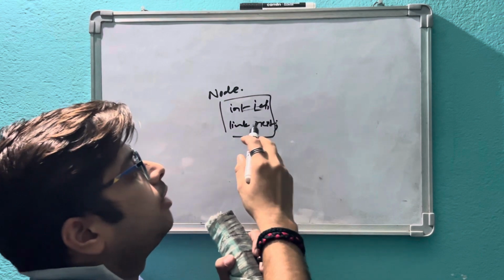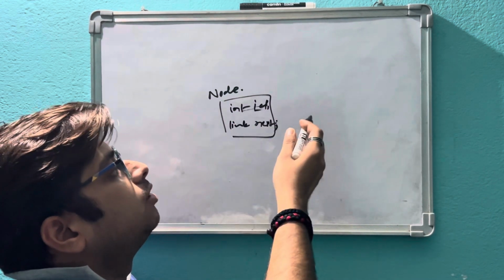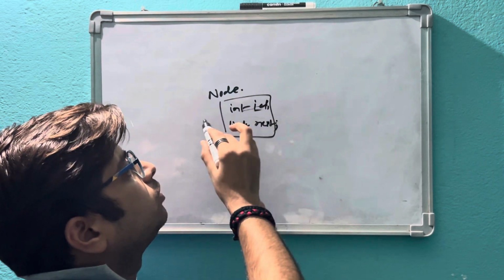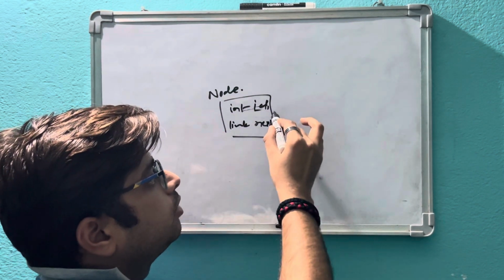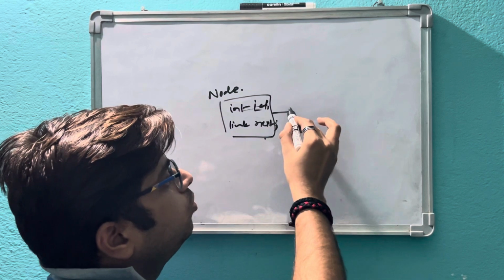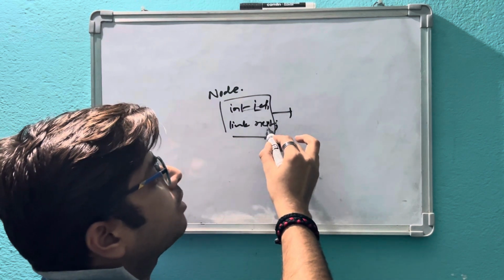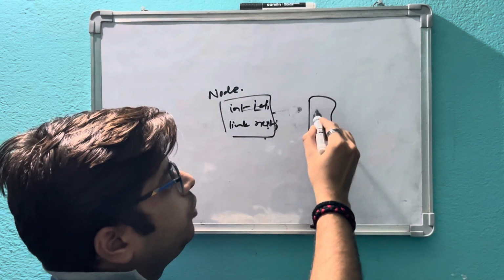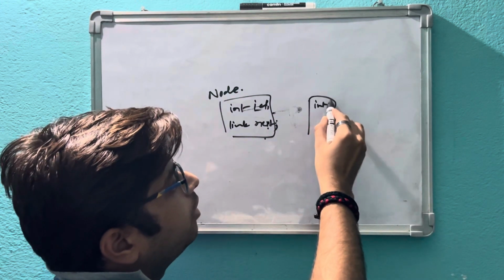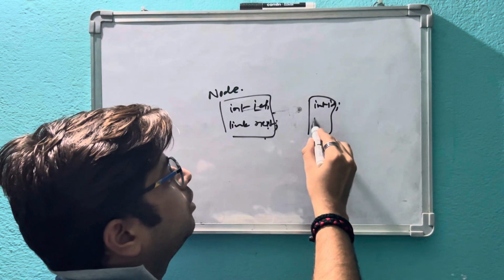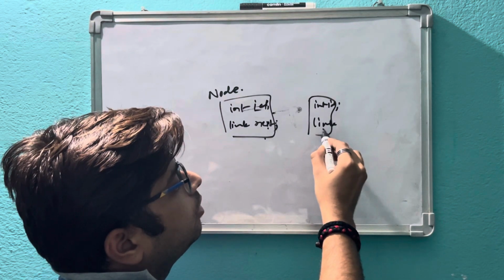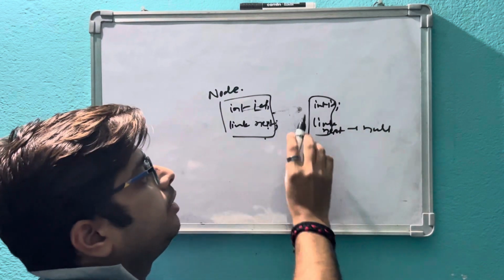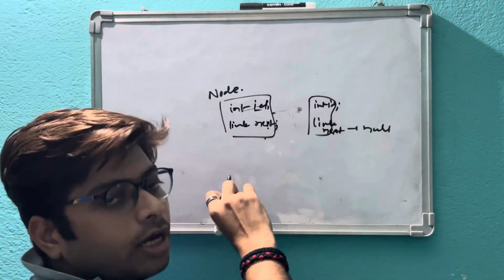So if I would like to add a new node to an existing linked list, we could simply traverse to the last node and append a node by linking the next of that particular node to the new node. Let's say I have created a new node with some int ID value, and its link next is pointing to null right now, and I need to append it to the end of this list.